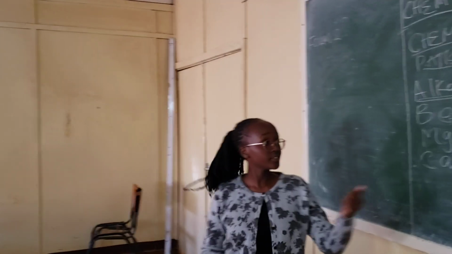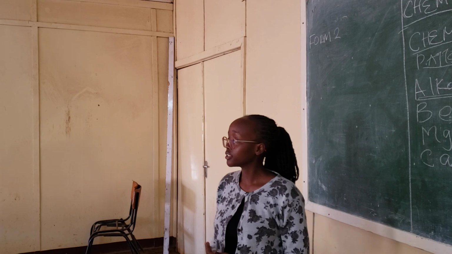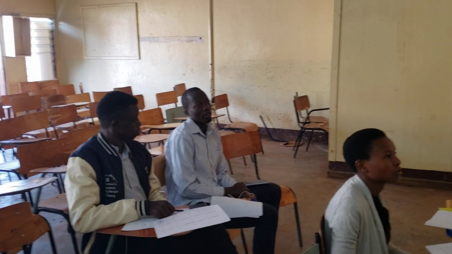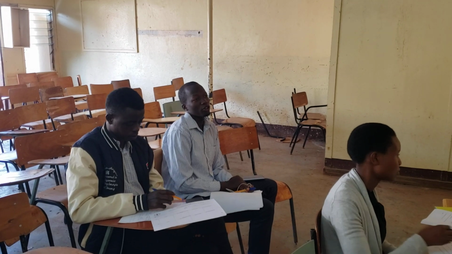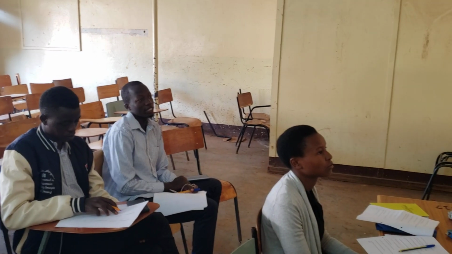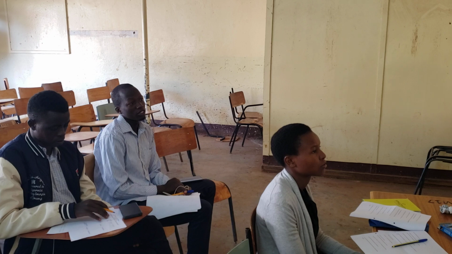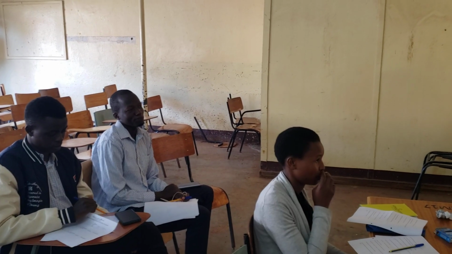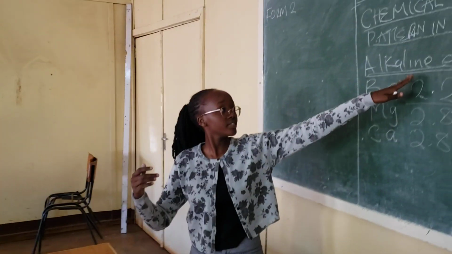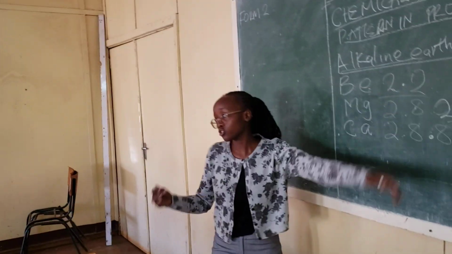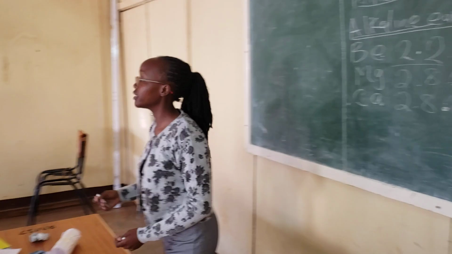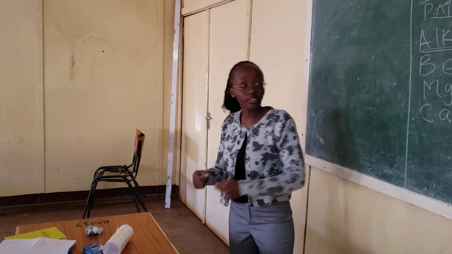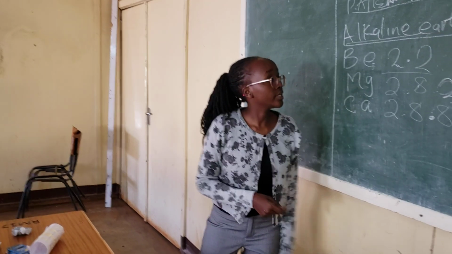Alkaline earth metals are usually alkaline and basic. And the reason being? The reason why we call them alkaline earth metals is because when you react them with water, they form an alkaline solution. And we'll be able to see that in our next class.